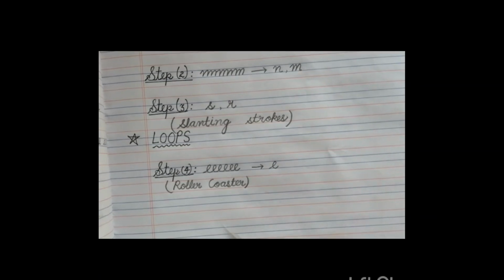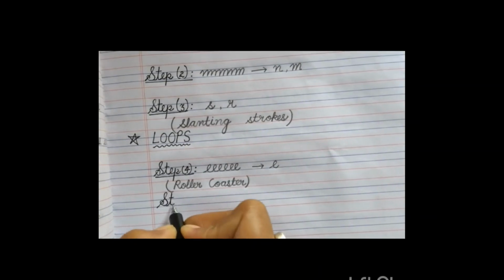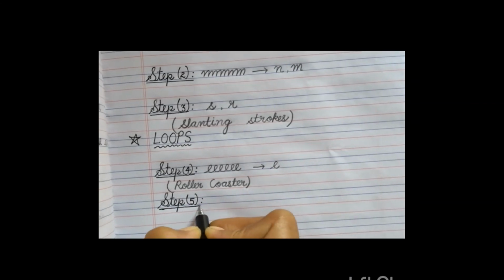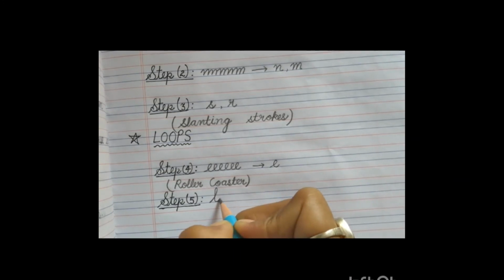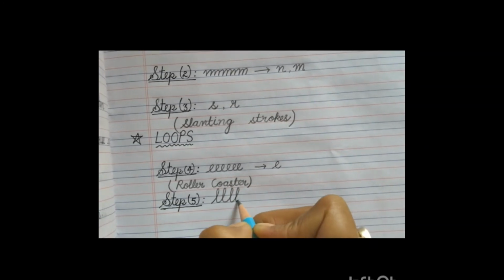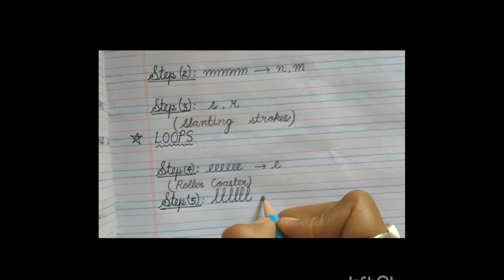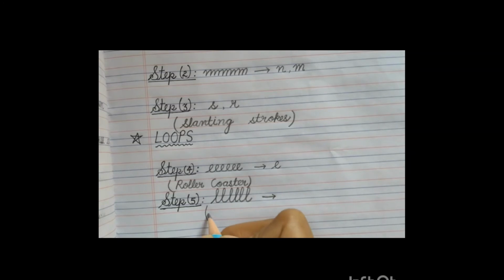Next, step 5. You just have to start from this third line, up, down, simply up and down. That's it. It is called the upper loop.